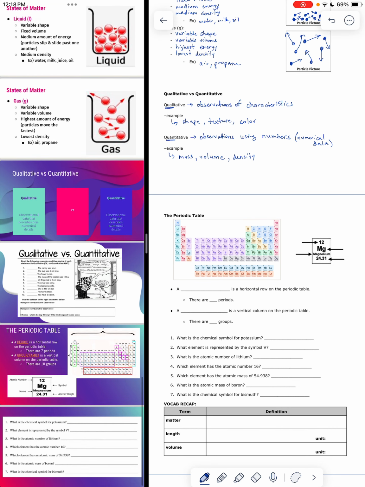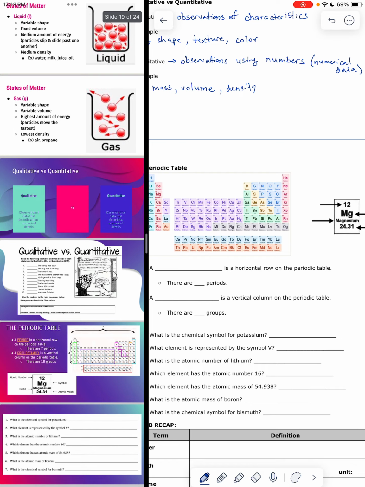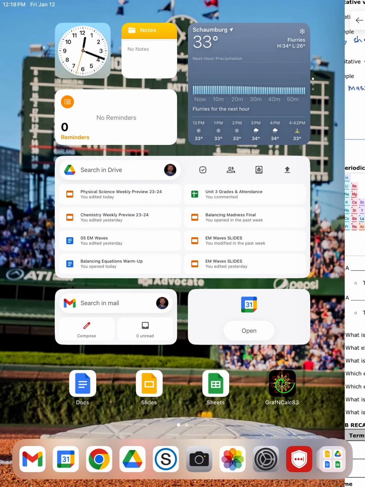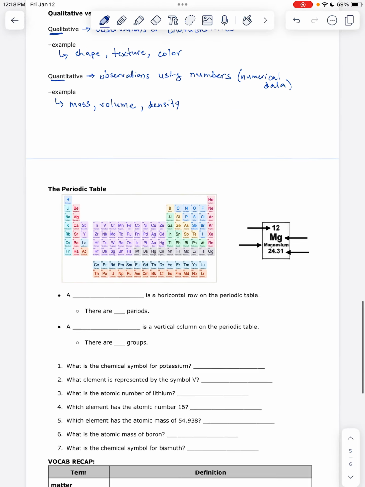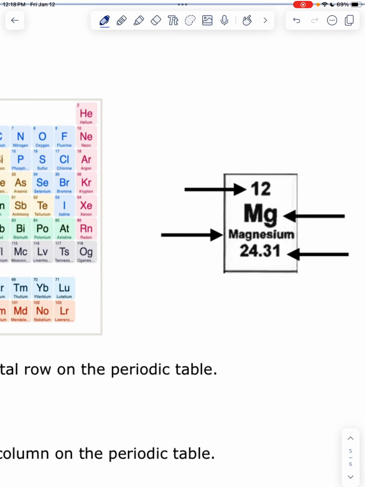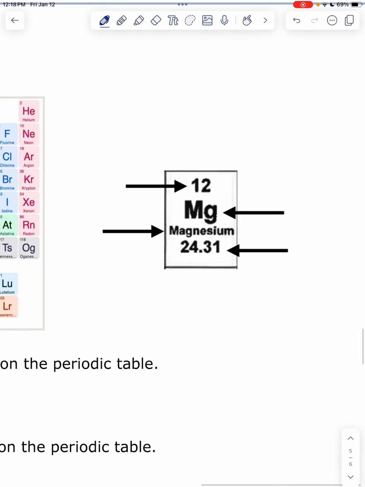So we have a horizontal row, and so on and so forth. We have groups that are columns, and in this case, we're going to start talking a lot of vocab. So before we do that, we want to identify the parts of your periodic table. So that number at the very top is what we call the atomic number.